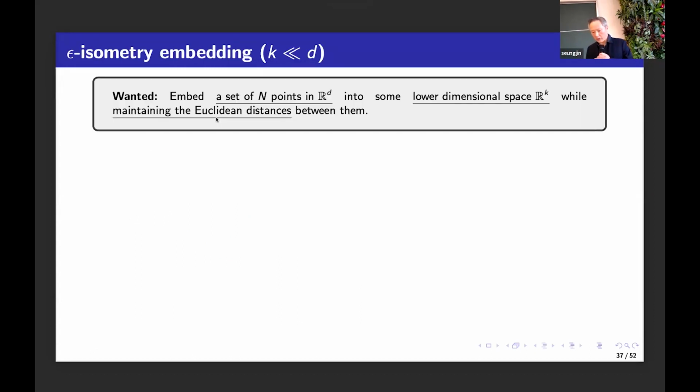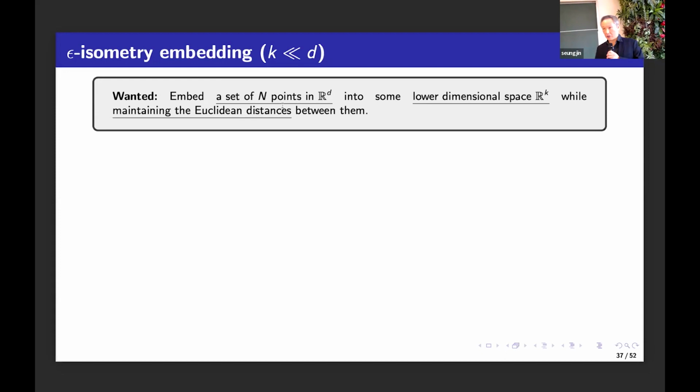This is known as epsilon isometry embedding. We embed a set of n points in d-dimensional space into a lower k-dimensional space while maintaining the Euclidean distance of the original d-dimensional space.